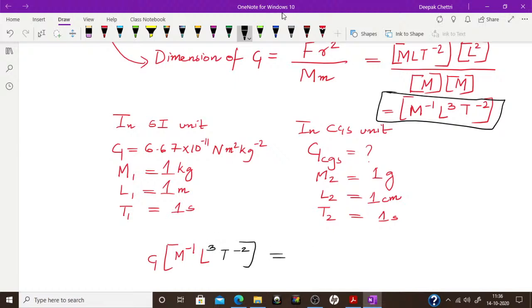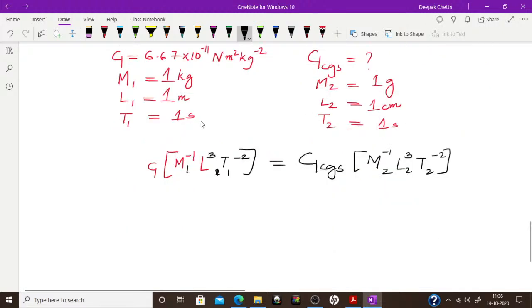And this will be equal to your CGS dimension. So this will be M1, L1, T1 and M2, L2, T2, with powers M minus 1, L cube, T minus 2, right?